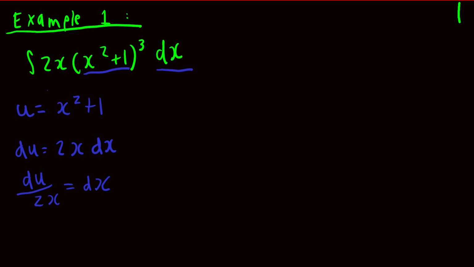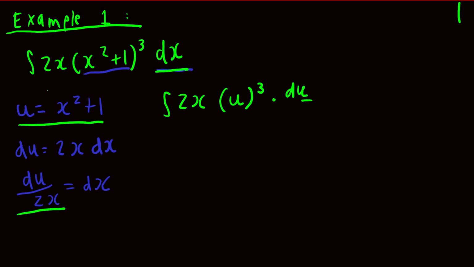Now, what we're going to do, we're going to plug it back in. So, what does this become? Well, let me write this in green. So this becomes the integral of 2x times u cubed, because we said u is x squared plus 1, and the reason we can do this is because we transformed this dx into a du. So now we're just plugging in du over 2x for dx.